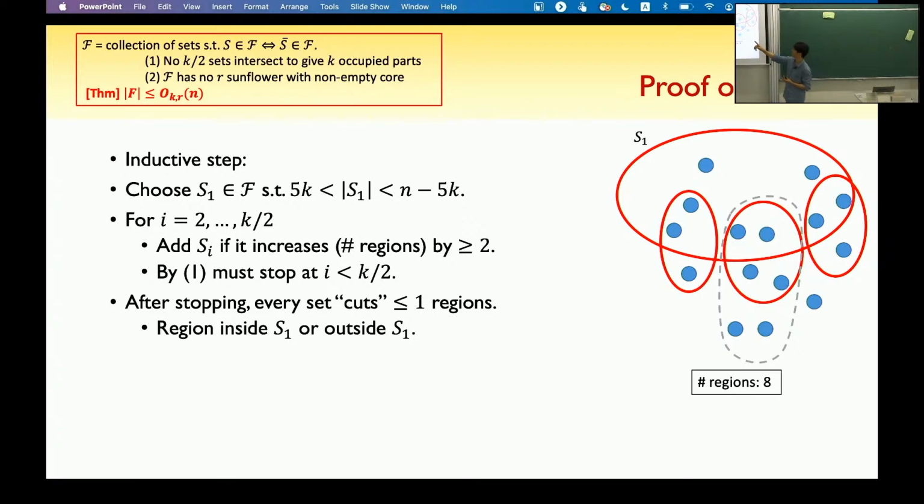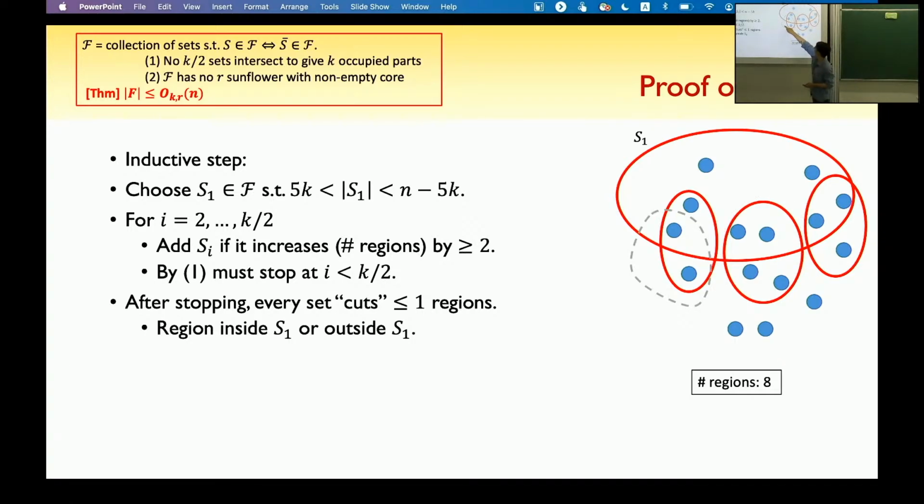But we stopped. So every set cuts at most one region in the current Venn diagram. So this must be a region inside S1 or outside S1. This set cuts the outermost region, which is outside S1. And for example, this set may exist, and this set cuts a region inside S1.